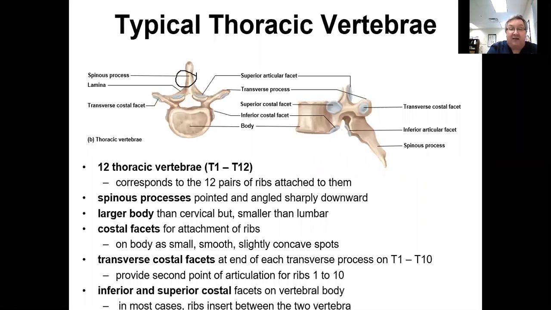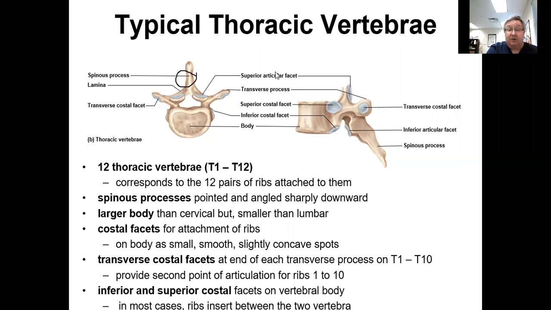The typical thoracic vertebra, there are 12. The spinous process is pointed and angled downward. The body of the thoracic vertebra is bigger than the cervical, but smaller than the lumbar. The thoracic is the only vertebra that has attachments for ribs.